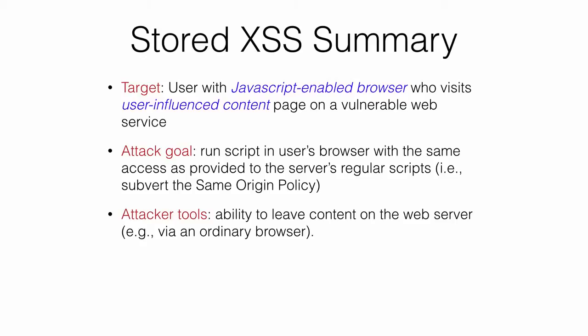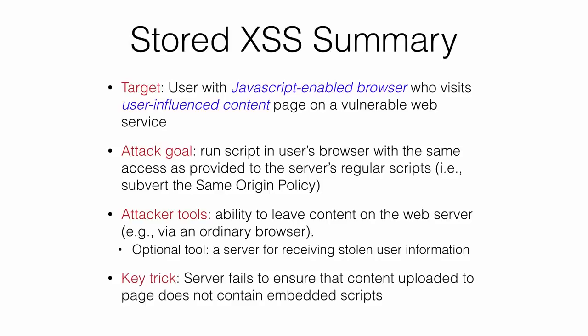To do this, the attacker needs the ability to leave content on the web server, for example, using an ordinary browser. The attacker might also have a website to collect stolen information. And the key trick here is that the server will fail to ensure that content uploaded to its page does not contain embedded scripts.